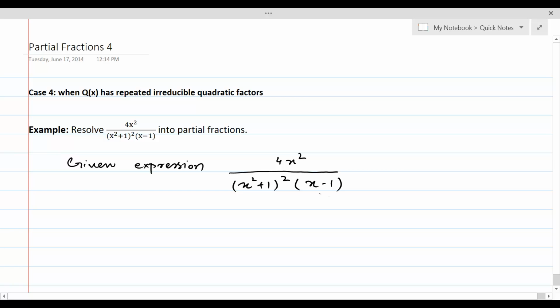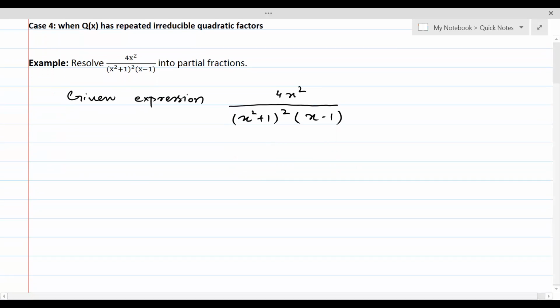Like before, for every quadratic factor in the denominator, we introduce two constants, one with x and one without x.